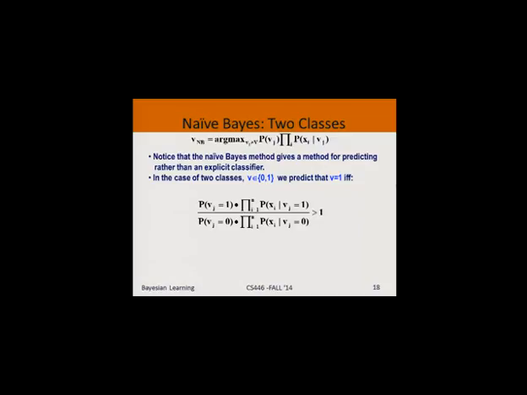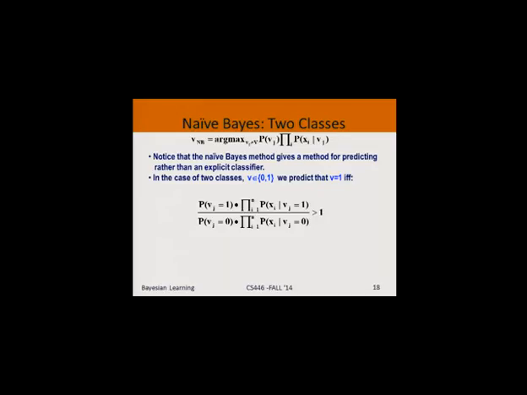You predict 1 if the ratio between these products is greater than 1. What is this product? It is the probability of v being 1 times the product over all features of x_i given 1, and the same thing for 0. Right? Nothing here.